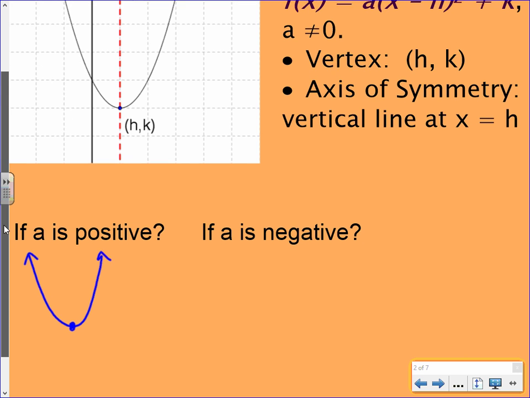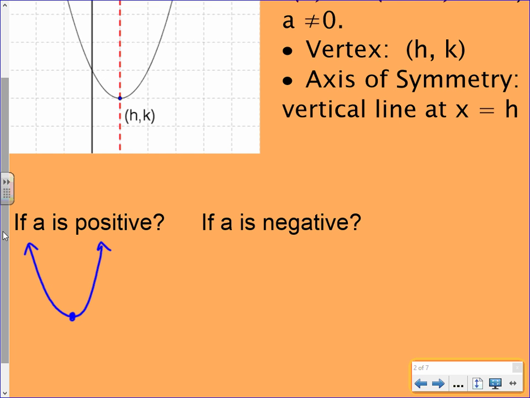Darby, what's true about that point? Is there anything lower than that point? There is not. So we could call that a, Kelsey, say it. Yes, it is a minimum. Okay? We call them relative minimums. This is actually the absolute minimum because since it's a quadratic, we know it's not going to turn back around.